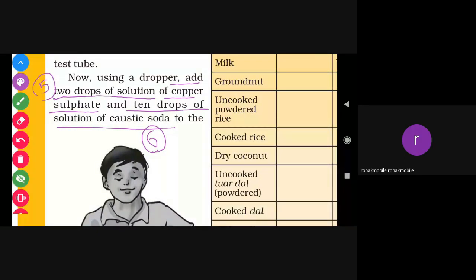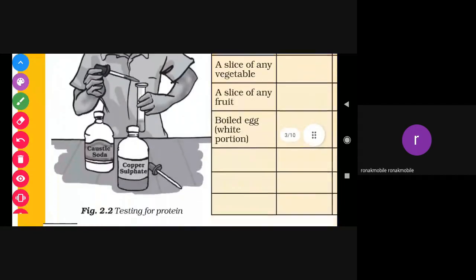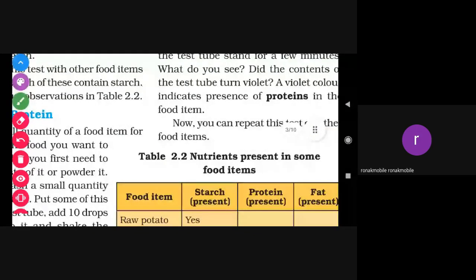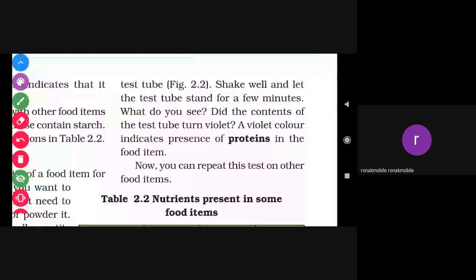Okay? Copper sulfate and caustic soda is very, very important. You need to add 2 drops of copper sulfate solution and 10 drops of caustic soda. Okay, then you need to shake it well. This is the seventh point.